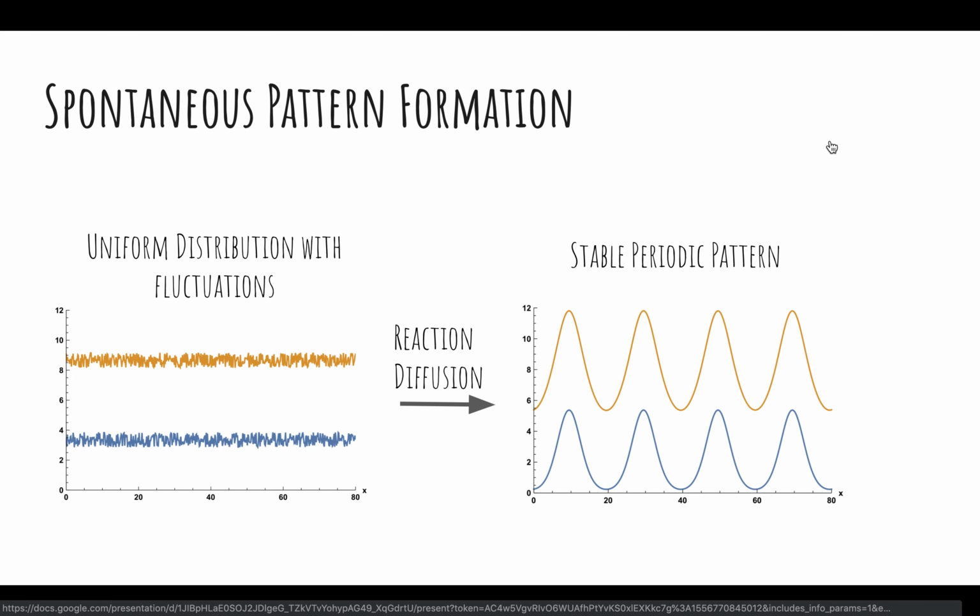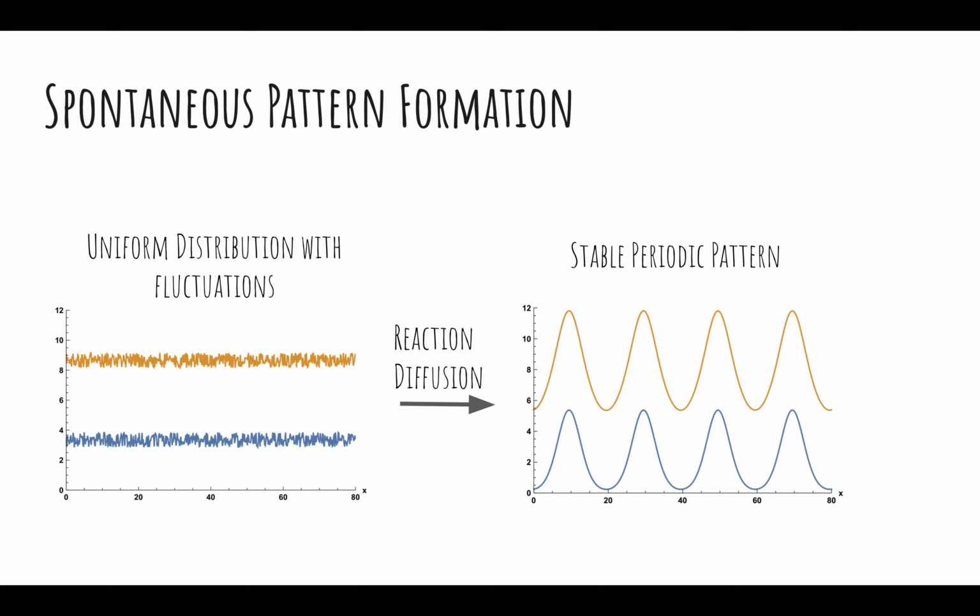Basically, it's a uniform distribution with some white noise added to it. But then, due to the reaction diffusion equation, it actually evolves into something interesting, a stable periodic pattern.